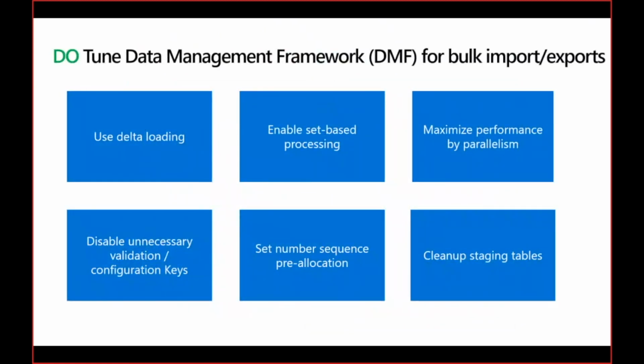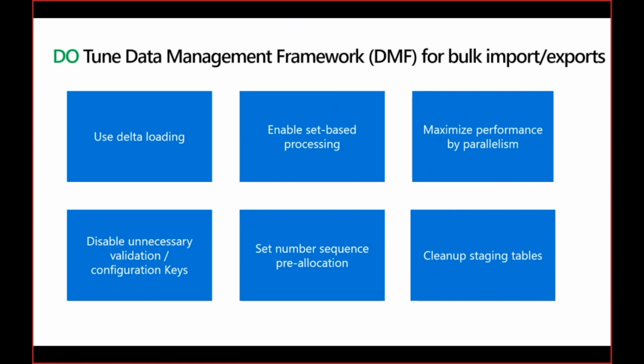The first one is regarding the data management framework, the DMF, for bulk imports and exports. What we see here is that a lot of times it's used in the correct way, but a lot of times some specific tuning actions are forgotten.